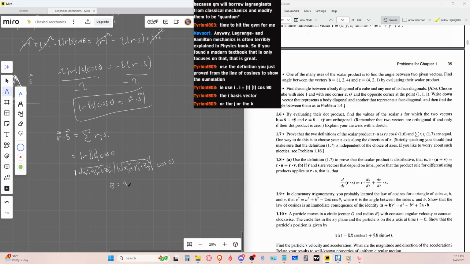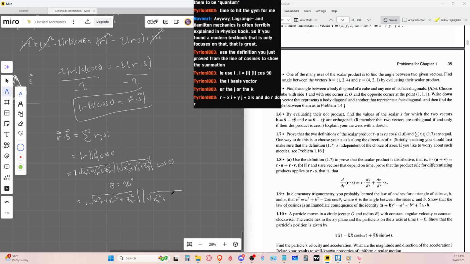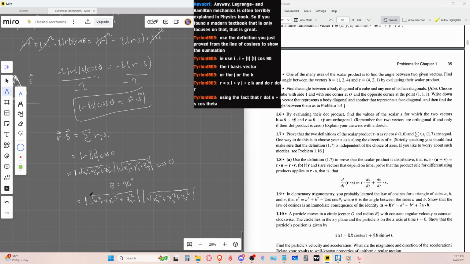And we'll just say that theta is equal to 90. So therefore we are left with... see, R is... okay. Yeah, that might be a little bit easier.